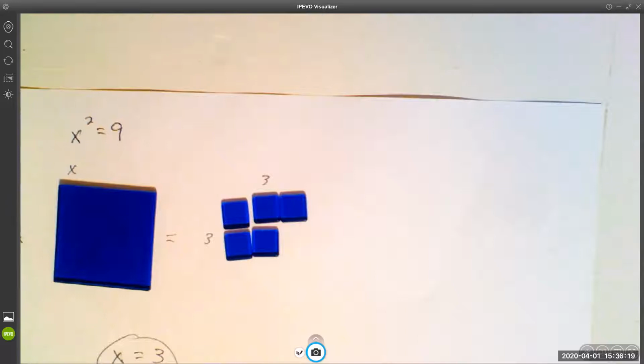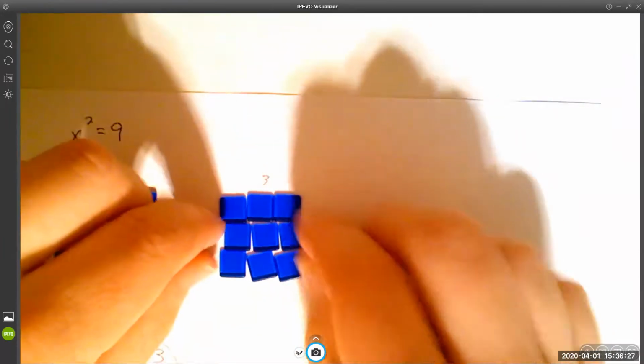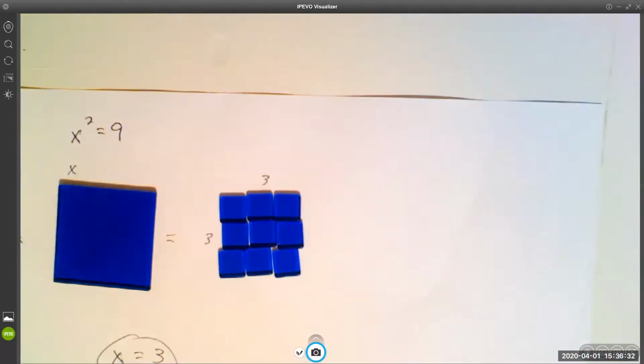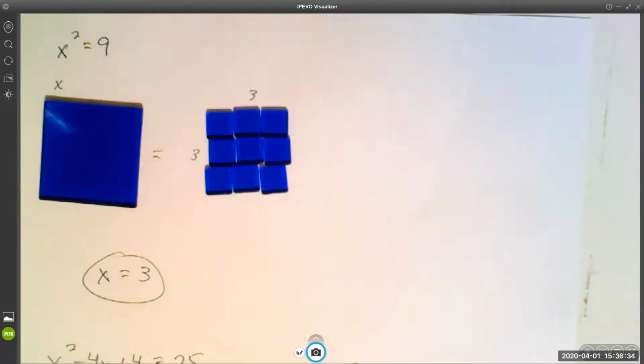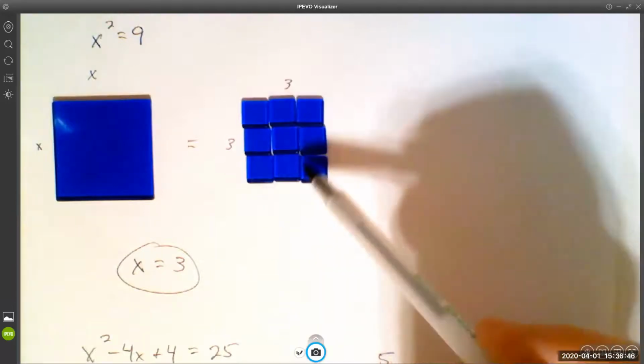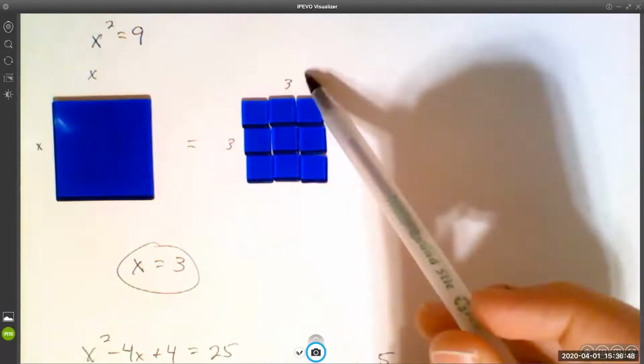So let me put the tiles back on there. All right, so we have this scenario. We said, okay, so x squared equals 9. One possible solution is x equals 3. We never talked about another possible solution, though. Well, if you think about it, one way to get a bunch of positive tiles over here is to have a positive times a positive.